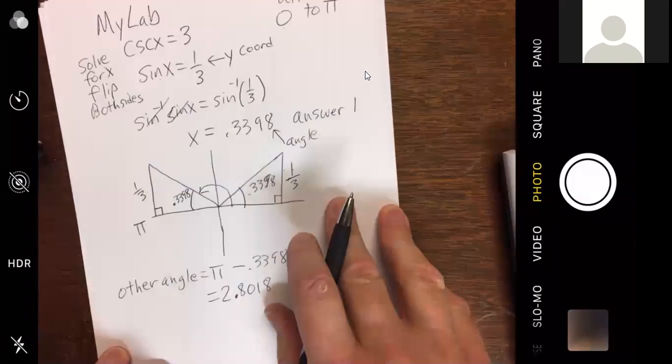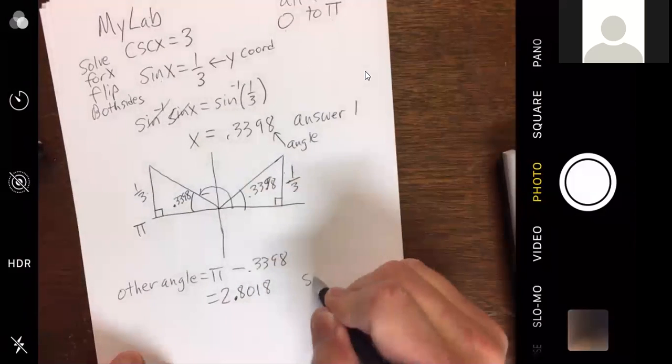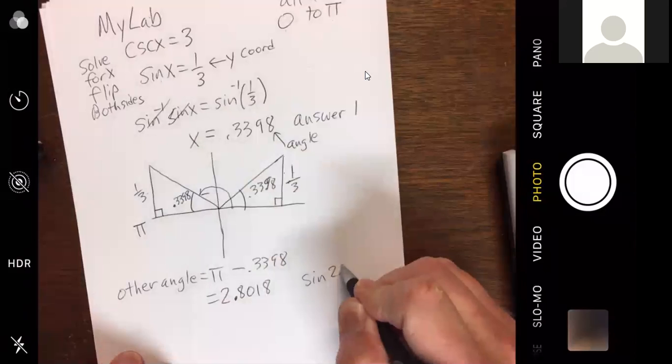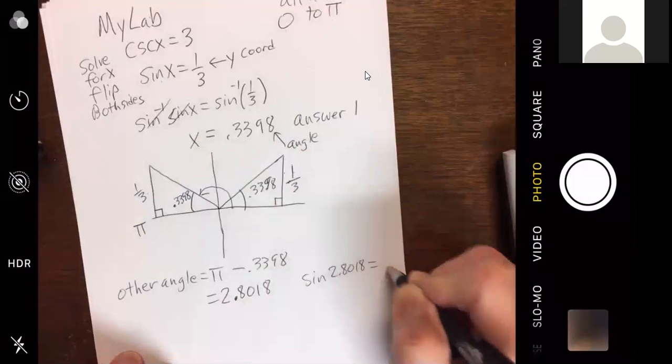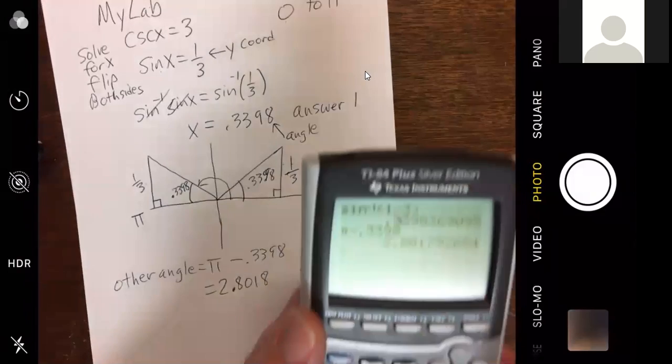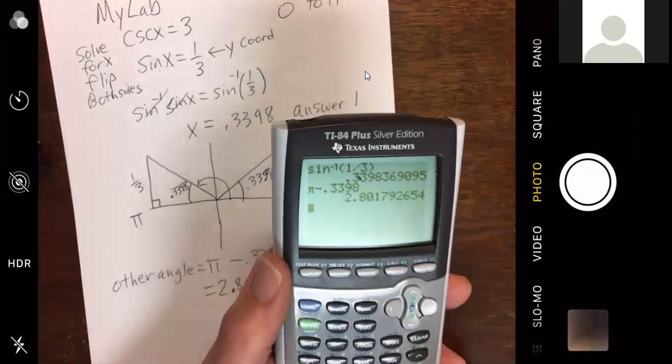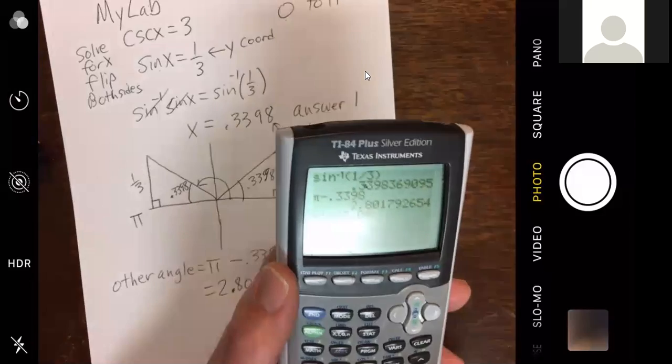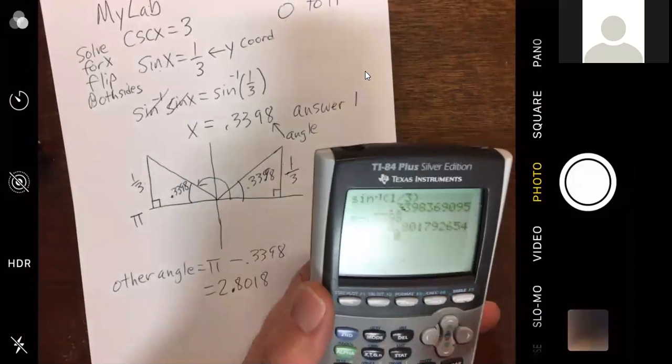You can easily check. If I take the sine of 2.8018, I will get the y coordinate out. It'll be the decimal for 1/3, which should be 0.3 repeating. Sine of 2.8018.